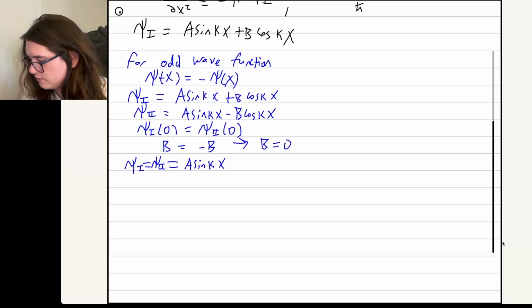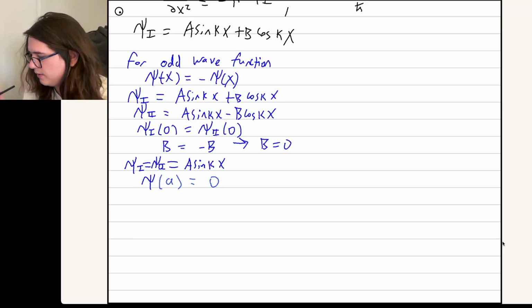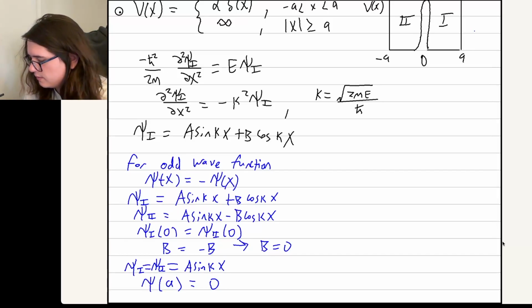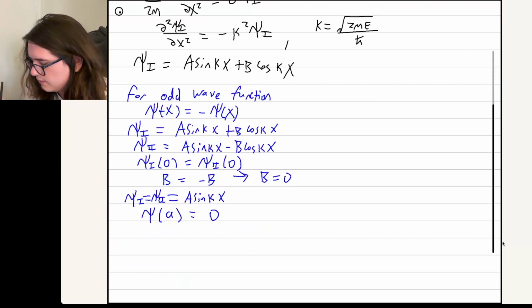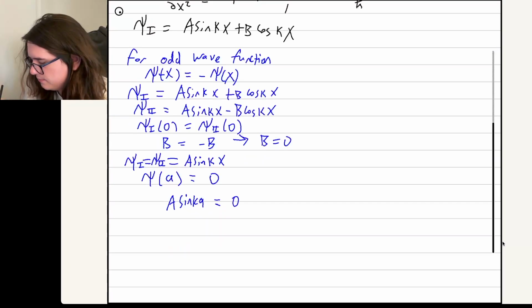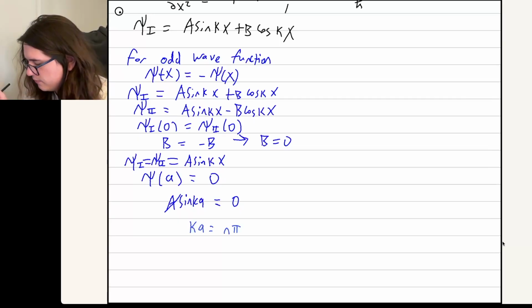We can do the boundary condition of psi of a equals 0, because the wave function in the region outside is 0. So this is going to be a sine ka equals 0. Then you cancel a out and you find that ka equals n pi for those solutions, and then you can expand k out like this.